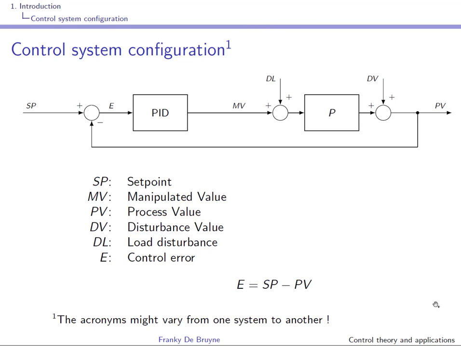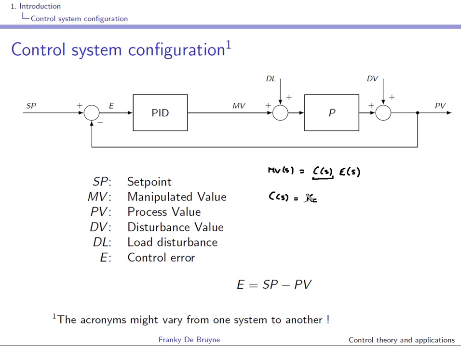The implemented control law is MV(s) equal to C(s), the transfer function of the controller, acting on the error, so acting on E(s). And in this course, C(s), the controller, will always be a PID controller. We'll come back to that later in section 4, but the transfer function of a PID controller is like so.